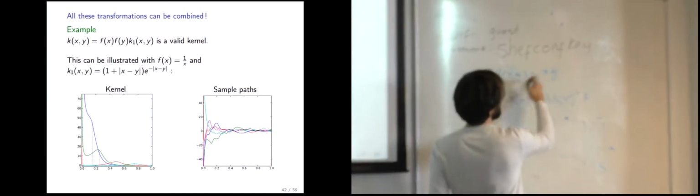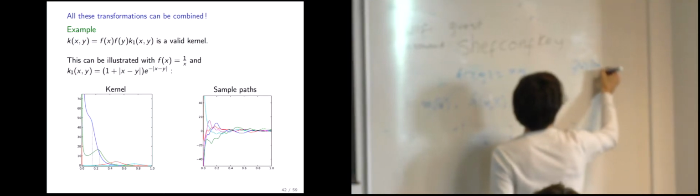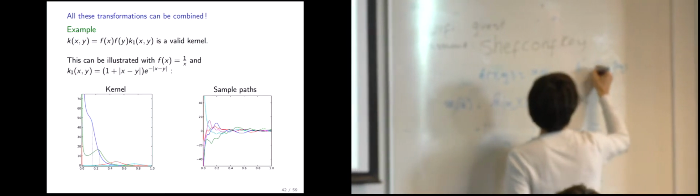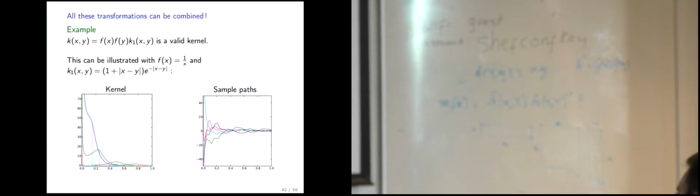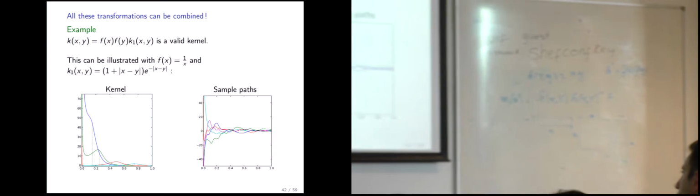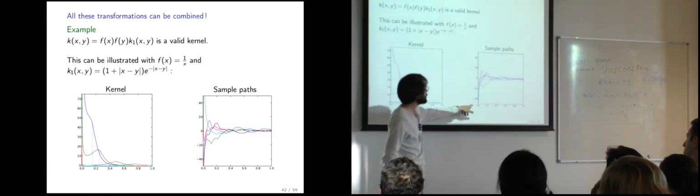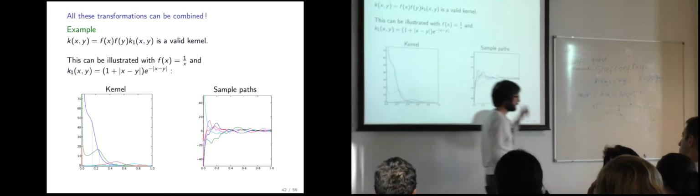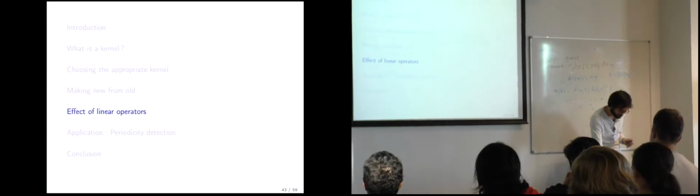I can do the composition of this kernel with a function, and I will obtain f(x)f(y). I can call that k' equal to this quantity. I know this is positive semi-definite. And now I just have the product between two kernels. And this can be seen as a nonlinear rescaling of the outputs, depending on where you are in the space. So here you have very large variance around 0 and very small variance for larger values of x.